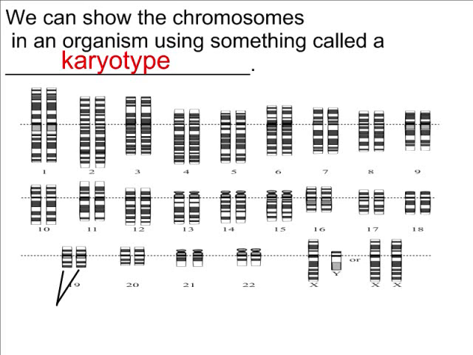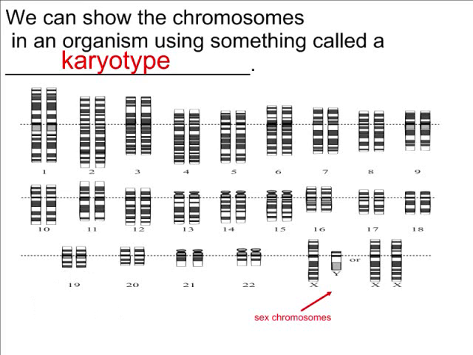Right, so the pair of chromosomes that were paired together based on the banding pattern are called homologous chromosomes. Right, now for these homologous chromosomes, one of the chromosomes you got from your mother's egg cell, and one of those chromosomes you got from your father's sperm cell. Okay, so they have similar genes, and together they're the homologous chromosomes.